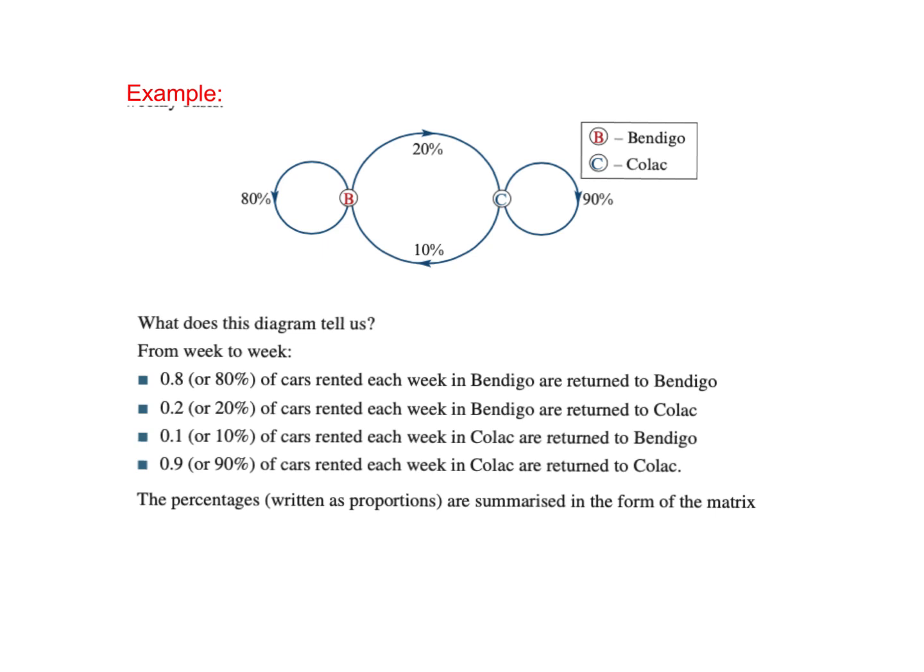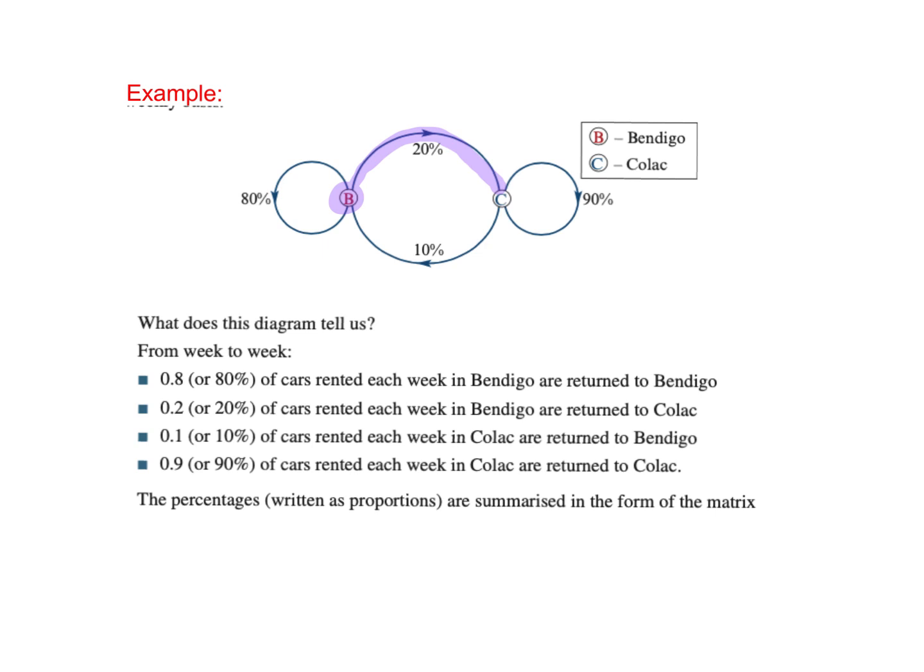Here we've got a car rental place with 2 branches, 1 branch at Bendigo and 1 branch at Colac. We can see here they've done a network diagram of the transitioning. If the car was hired at Bendigo, 20% of them are returned to the Colac campus or venue.